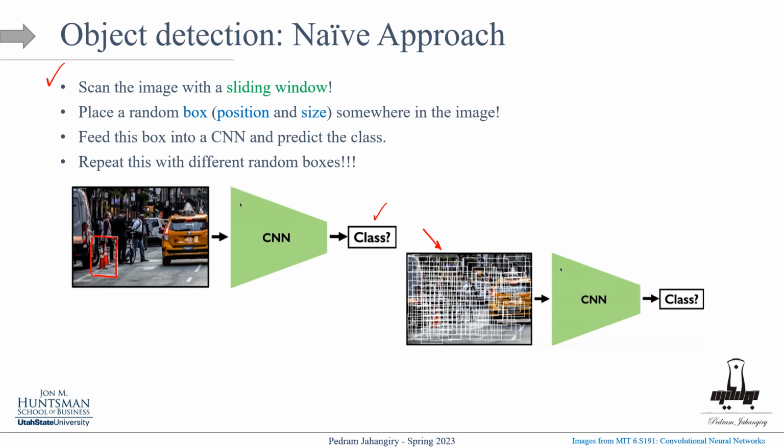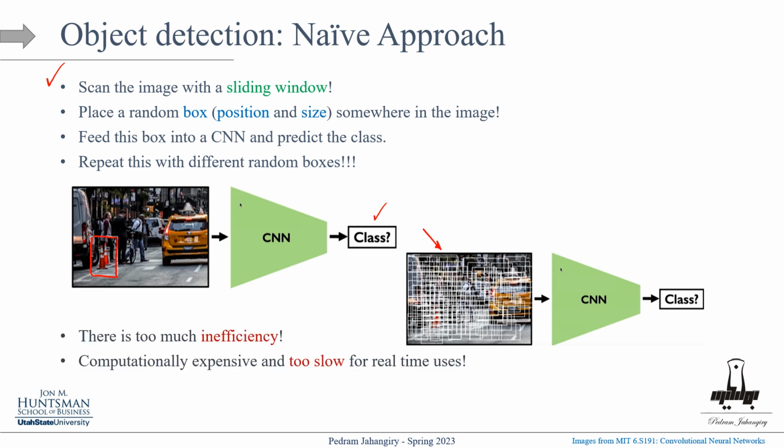As you can see, there's a big problem with this approach. First of all, there's too much inefficiency going on here, because we may be using an unnecessarily large number of random boxes in the picture. It's going to slow down the process. This is computationally very expensive and too slow for real-time use. Remember, object detection is most of the time used for real-time use cases.